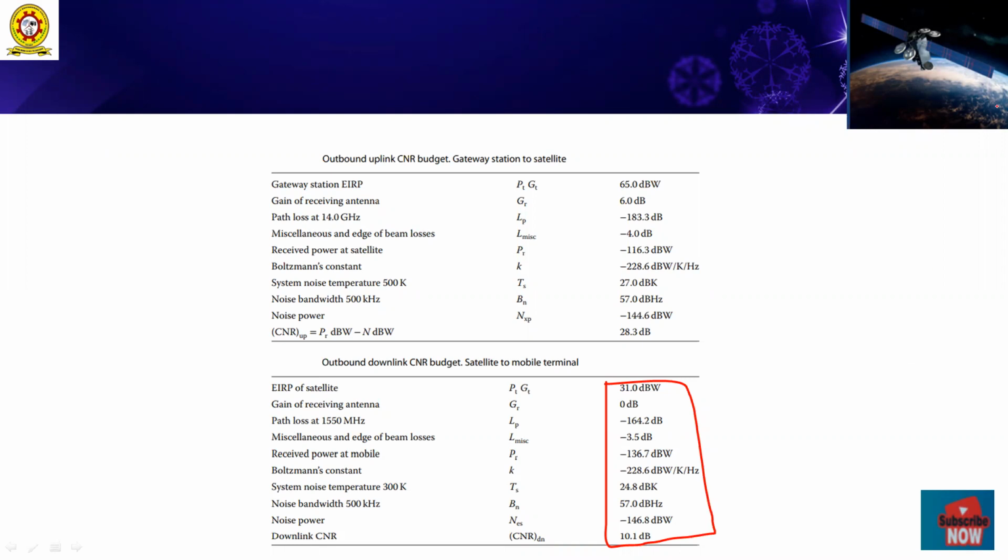Likewise, this is the formation of various budget sheets.